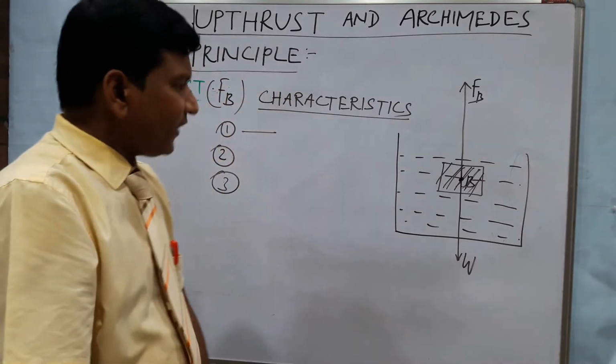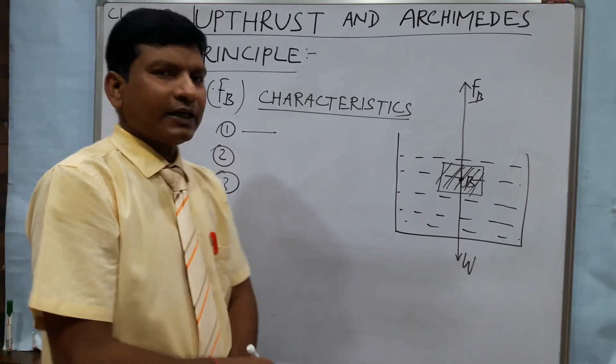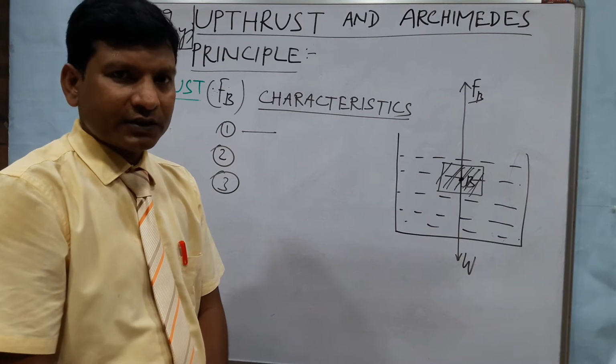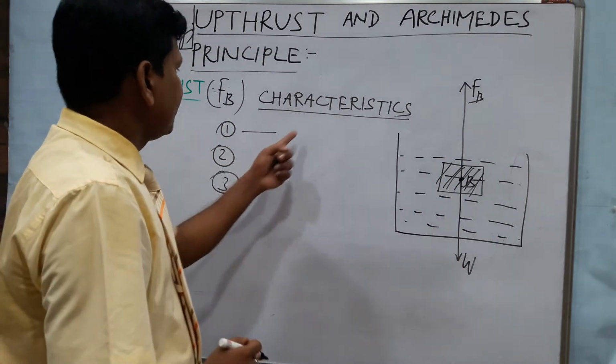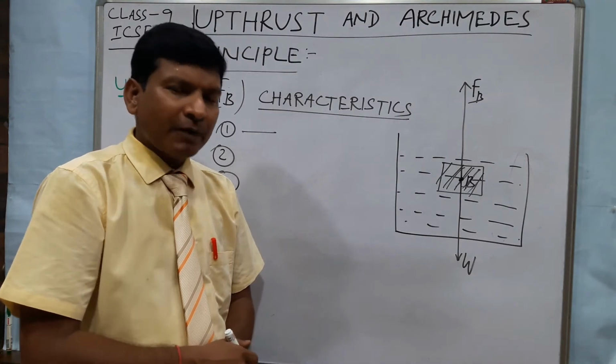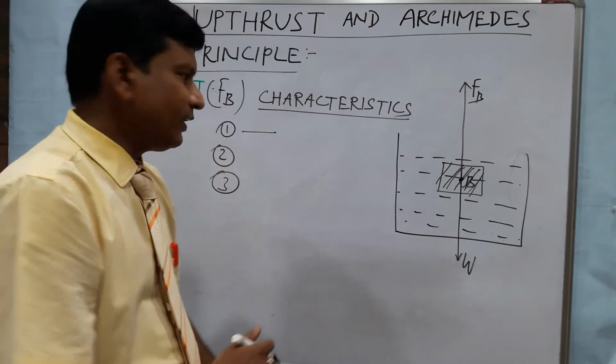Alright, so what are the factors affecting the upthrust? From these general characteristics, you may tell me what the factors affecting the upthrust are. Number one, obviously the upthrust depends on the volume of the immersed, or submerged, part of the body, isn't it?